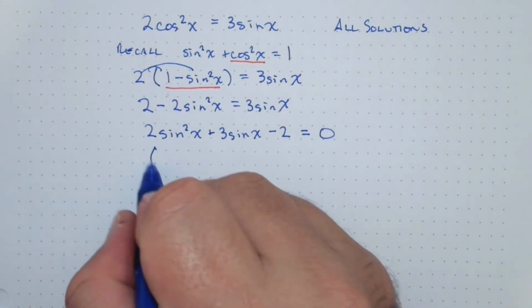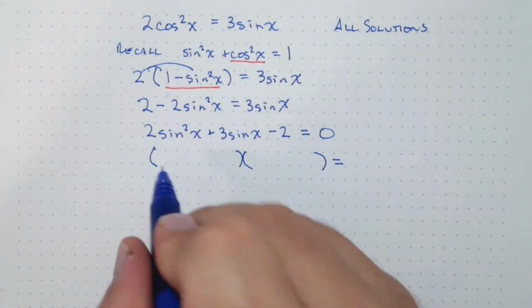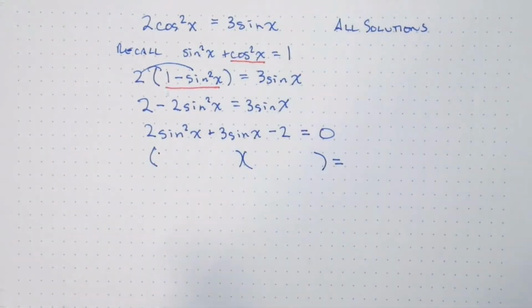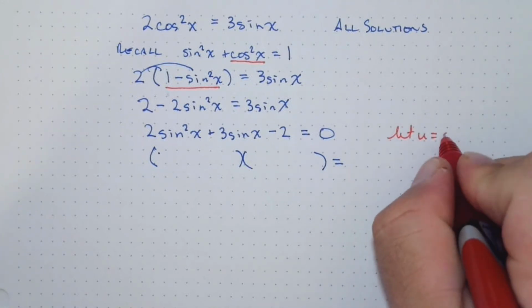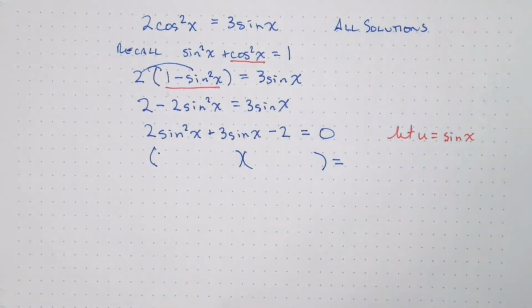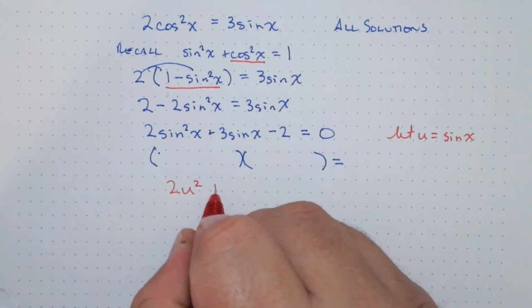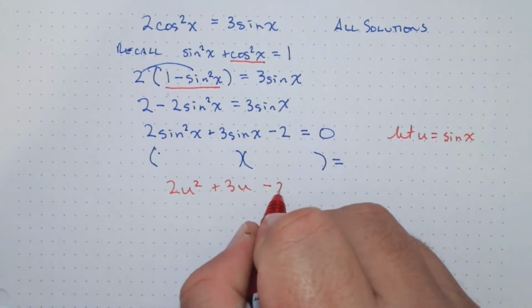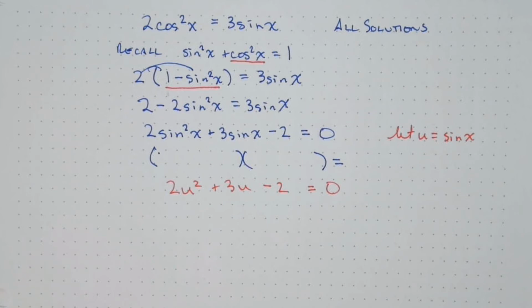And if it's easier for you to see, I can say let u equal the sine of x. So there's a substitution. So I've got 2u squared plus 3u minus 2 needs to equal 0.